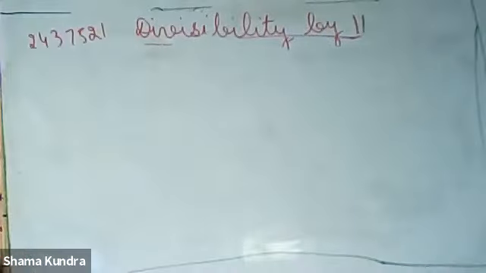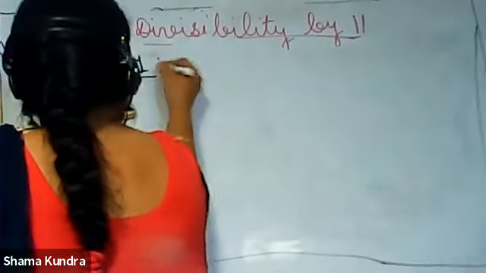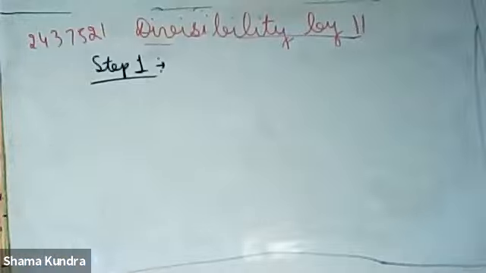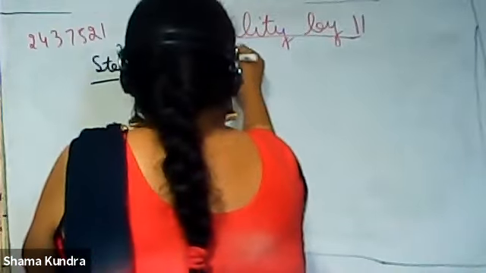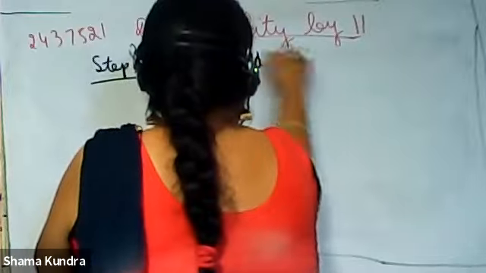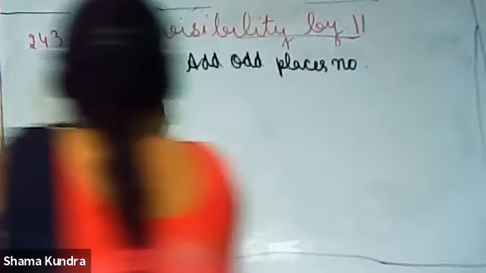Next we have the divisibility by 11 rule. Step 1 is add the odd places numbers.